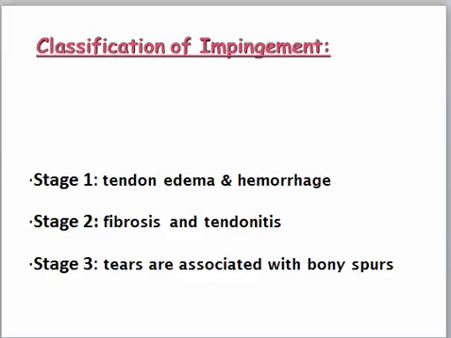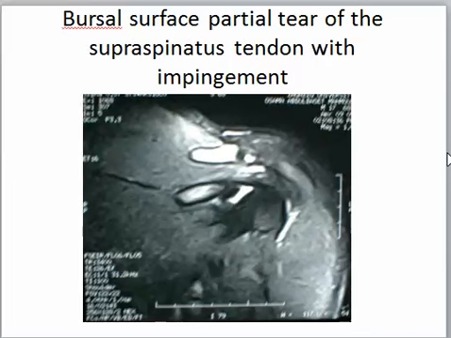The impingement can be classified into stage 1 when we get tendon edema and hemorrhage, stage 2 fibrosis, stage 3 tear, usually associated with bony spur. Here we have the supraspinatus tendon with partial tear along the bursal surface due to impingement.